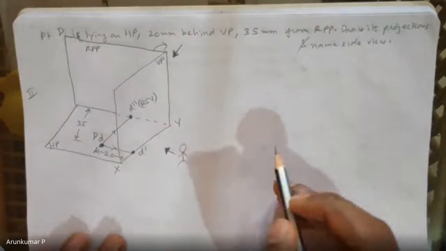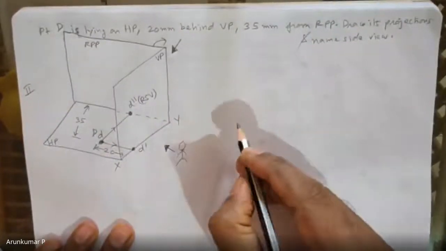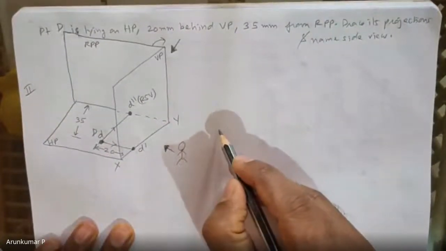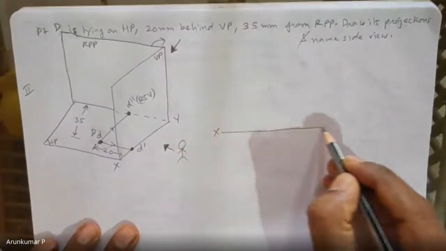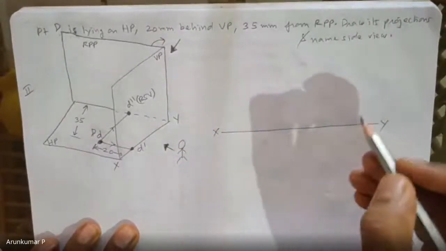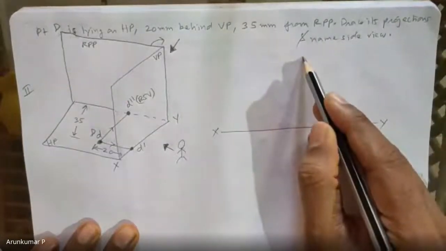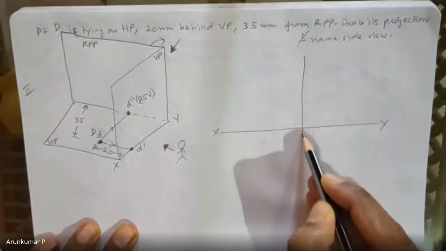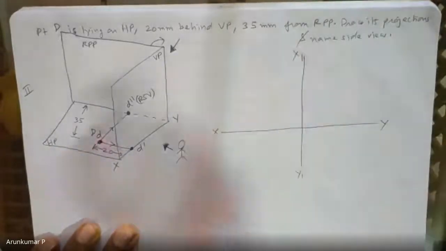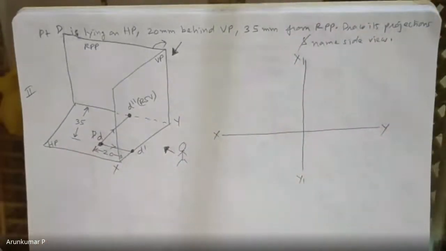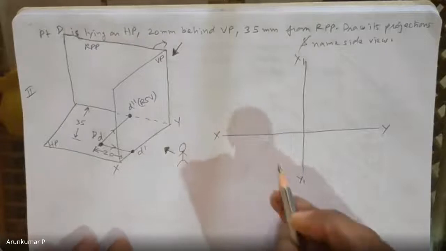So let us draw the 2D view and see what else we get here. So again, XY line, X1 Y1 line. Now, where should I write VP and HP?